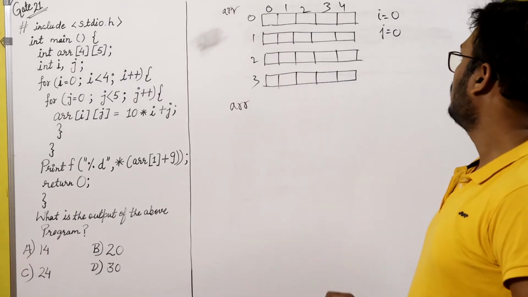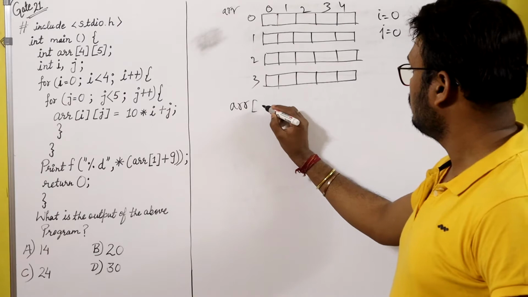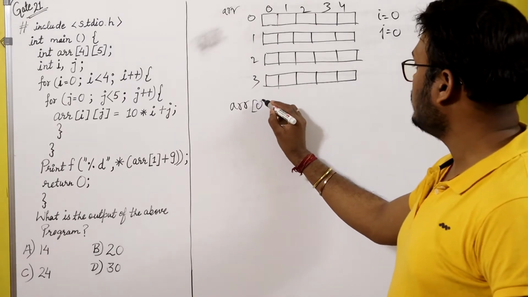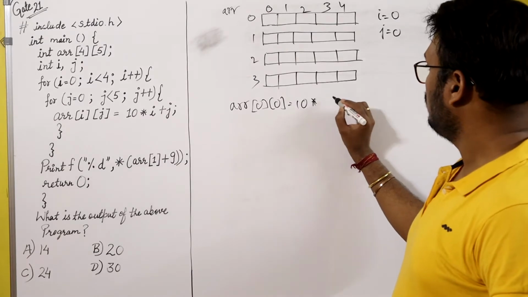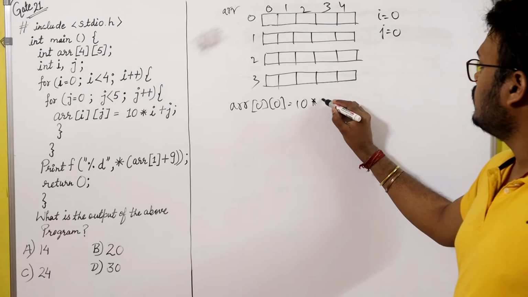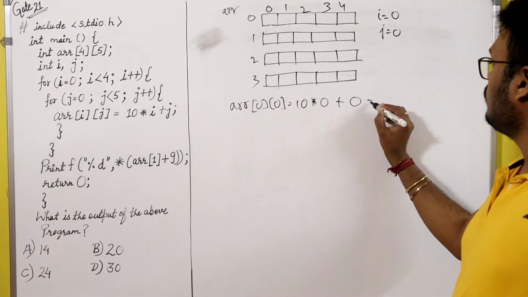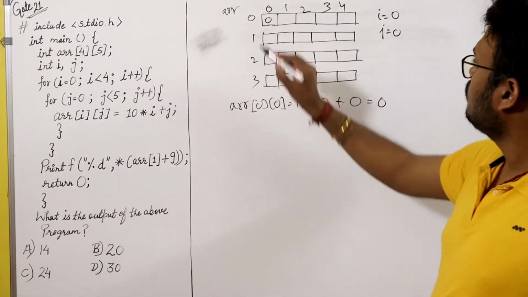So ARR of i, j: what is i? 0. What is j? 0. It is 10 into 0 plus 0, that is 0. So array of 0, 0 is 0.